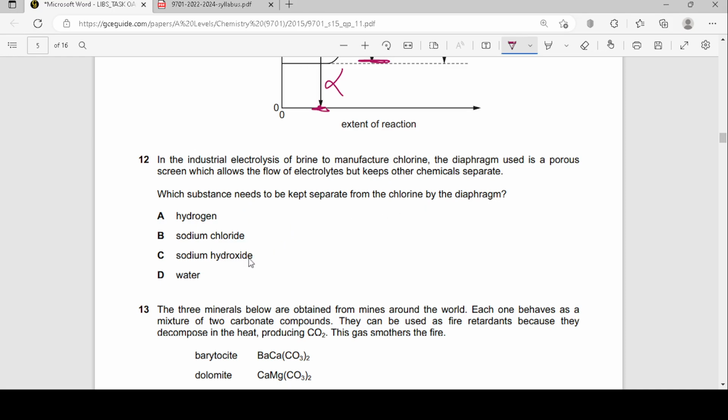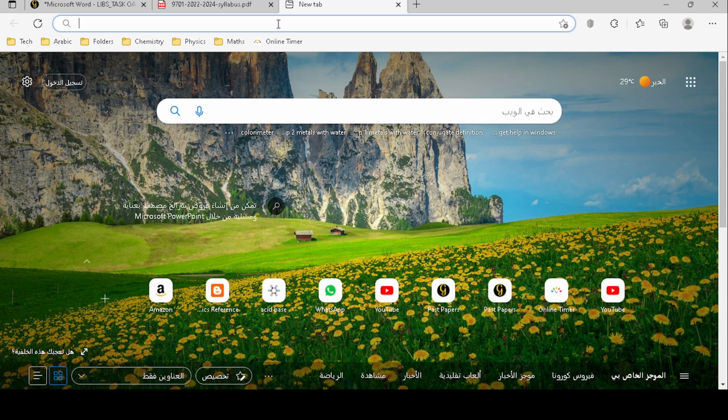So this is a problematic question, because even my teacher had some problems with it. Technically you could have two answers: NaOH is also right and hydrogen is also right. As I remember, the mark scheme says sodium hydroxide, or hydrogen. I think it was sodium hydroxide the mark scheme said, but actually you would have both of them as the answer, and I'll just show it to you.